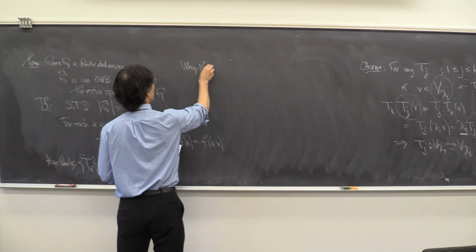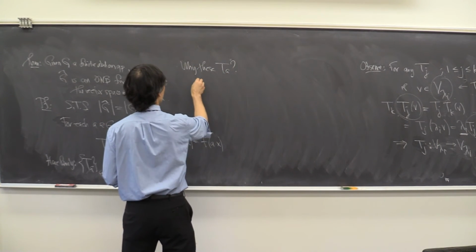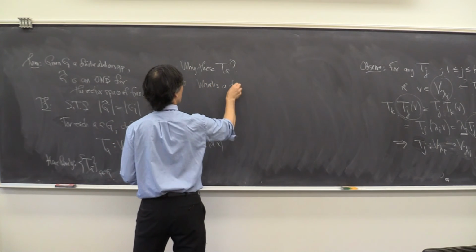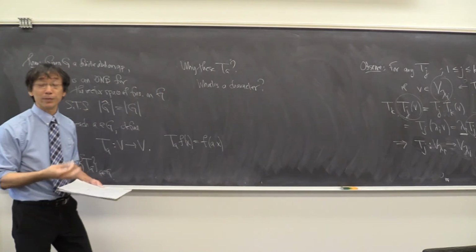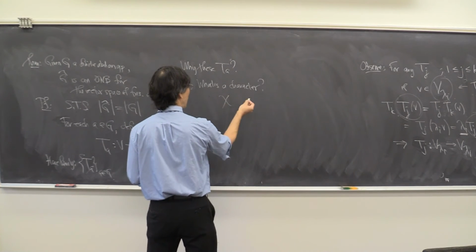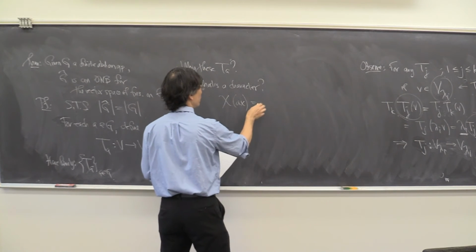Why these T sub A? Well, if you think, what's a character? We're trying to get a sufficient number of characters. For chi to be a character, it has to be multiplicative.